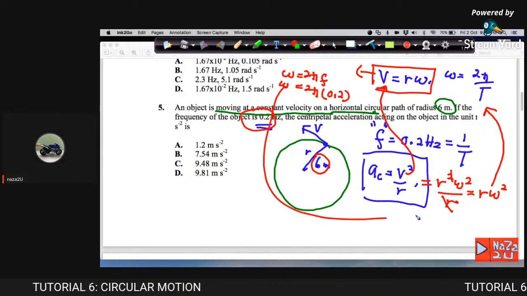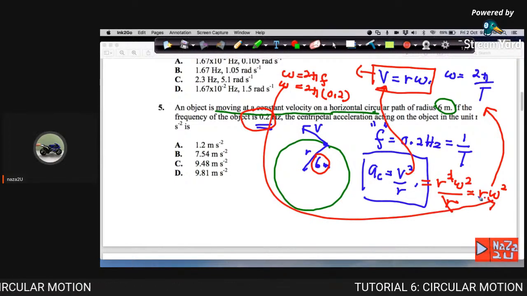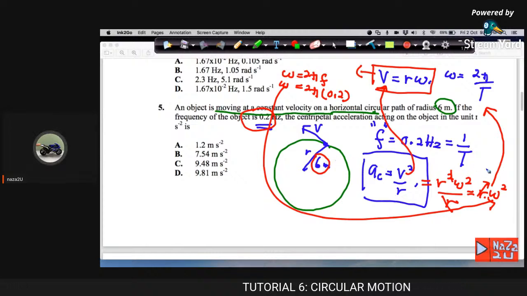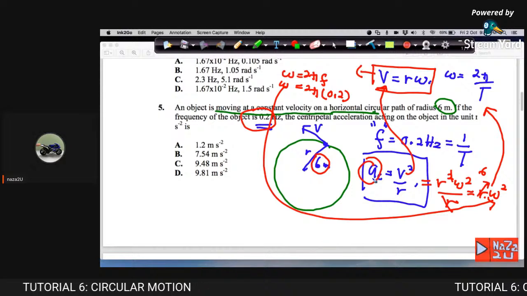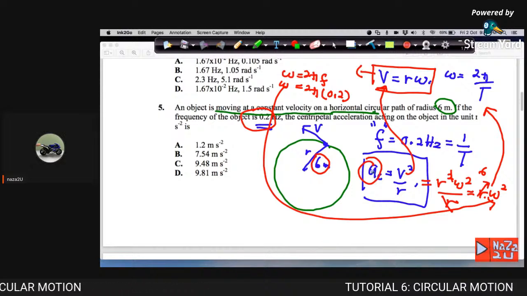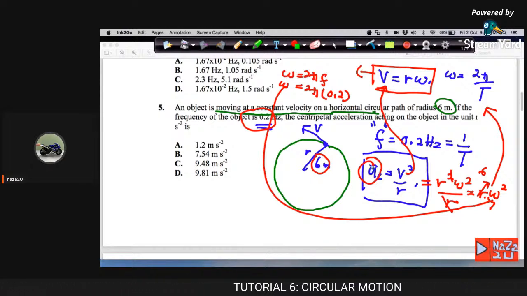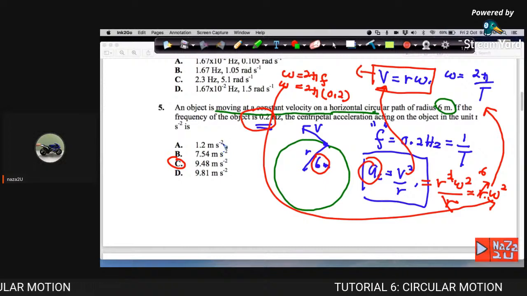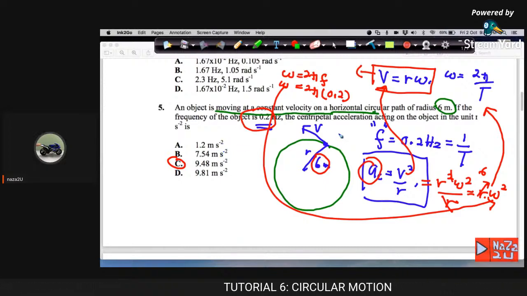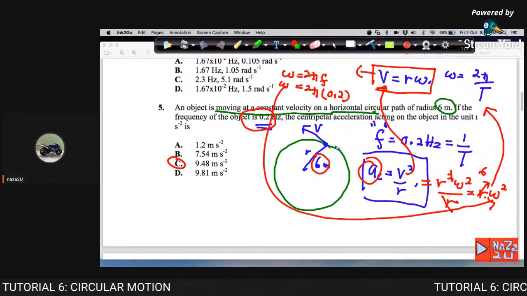Put the value of omega into the equation, with the radius equal to 6 meters, and you can find the value of centripetal acceleration. Using the calculator, the final answer is C, 9.48. You can use your own calculator to calculate the centripetal acceleration. This is the process or the steps to find the solution for question number 5.